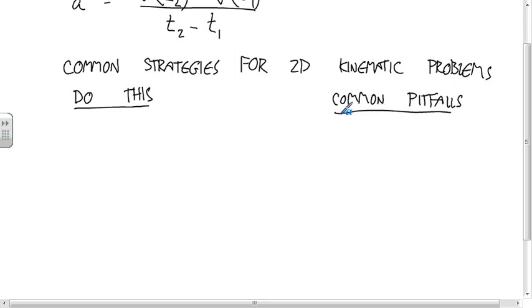So first, when an object, in 1D, when an object was up at the highest point of its flight, the velocity was equal to 0, right? In 2D, it's not exactly the same, but it's similar. So when an object is at its highest point, the y component of the velocity is equal to 0.